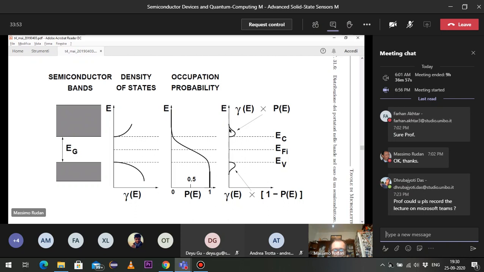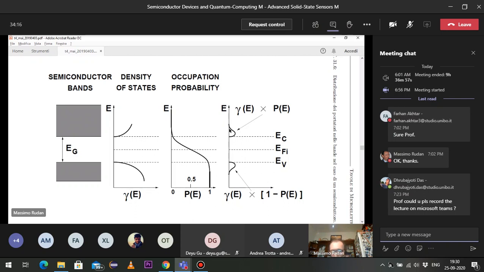So in this case, when we consider the conductivity of a semiconductor, we have two competing mechanisms. You remember, conductivity is the product of mobility and concentration. So mobility will decrease when we increase the temperature.